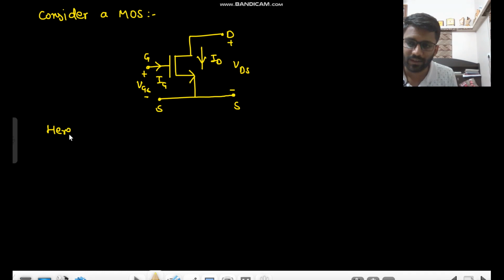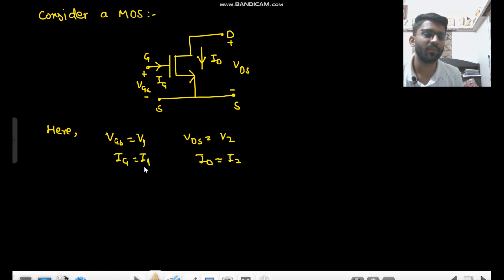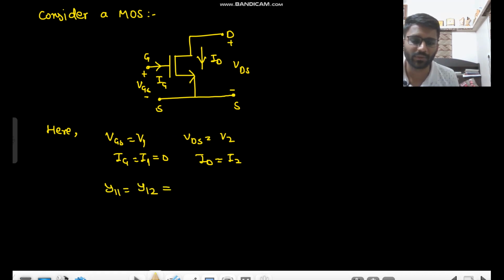To simplify, here your VGS is V1, IG is I1, your VDS is V2, and your ID is I2. The best thing about MOS is that here I1 is 0, right?